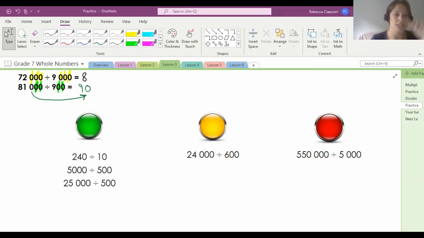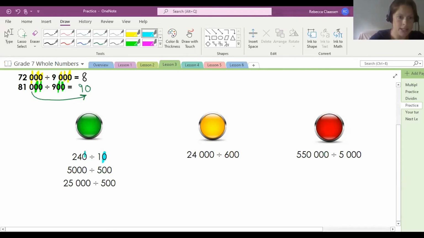Okay, so the green ones, I'm going to do the first one, and then I'm going to call for volunteers. Let's see. There we go. So we have got 1 zero on that side and 1 zero on that side.